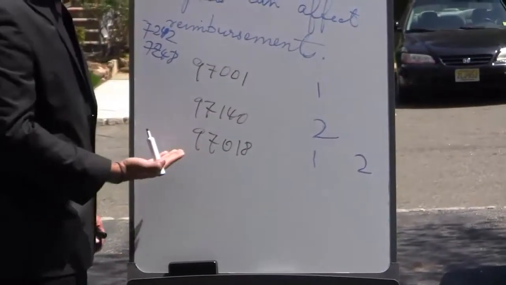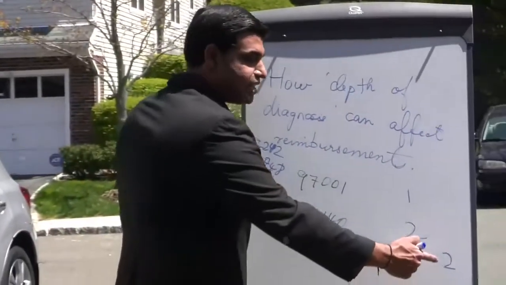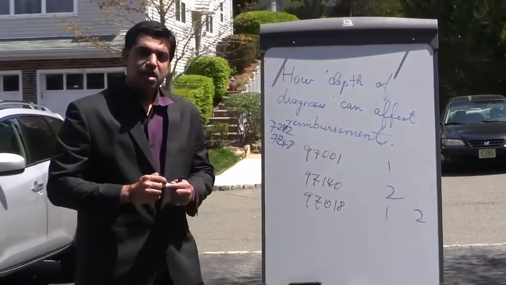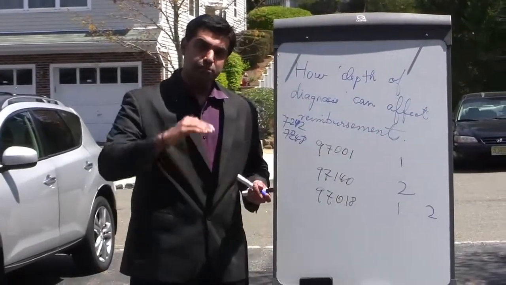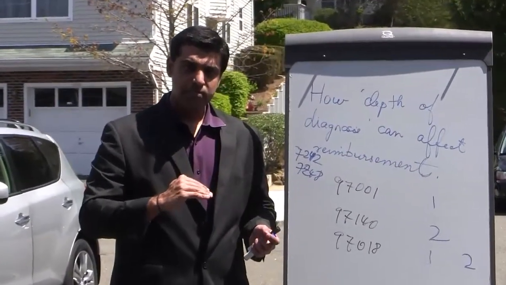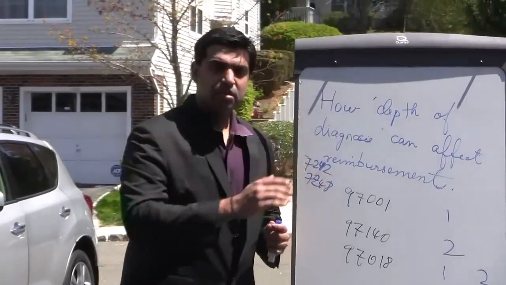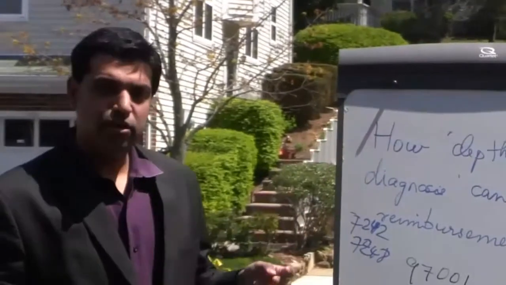So you're telling the system 97018 was done primarily for the first ICD code and secondarily for the second ICD code. Having different diagnosis pointers specific to different CPT codes in your claim form, so that you can link the CPT code with that corresponding diagnosis, is called depth of diagnosis.